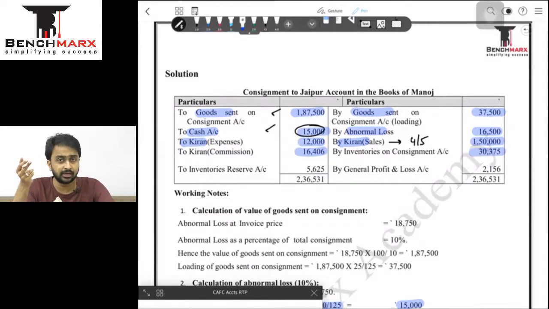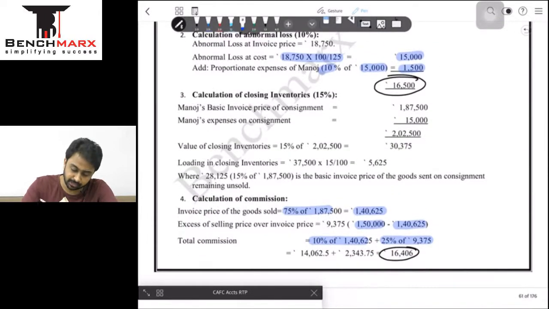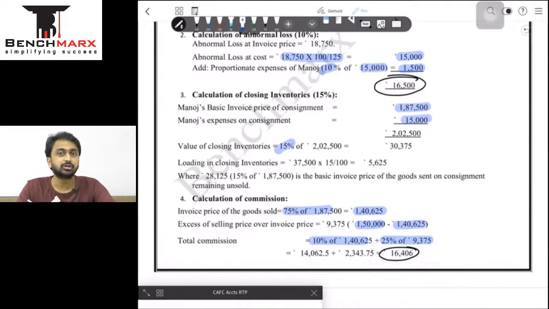The loading content also has to be reversed from this, so we have to look at the valuation of closing stock here. This is the IP of the goods sent, 187,500, expenses 15,000 and 15% of that, because 25% was remaining after the goods were sold. Out of 25%, 10% were destroyed, which is left with 15%, and the value comes to 30,375.